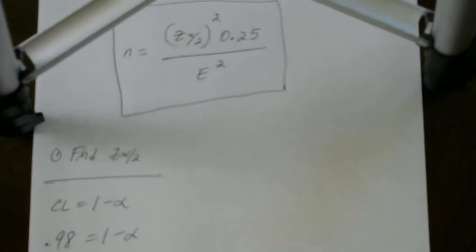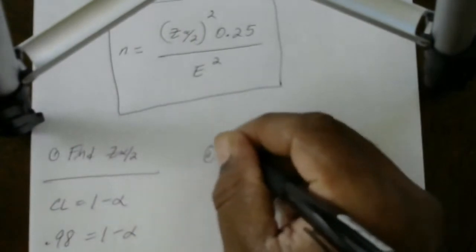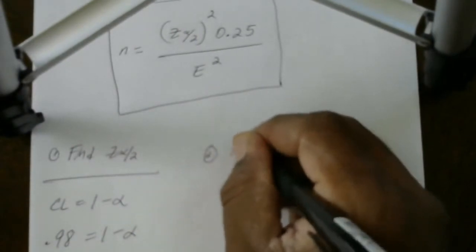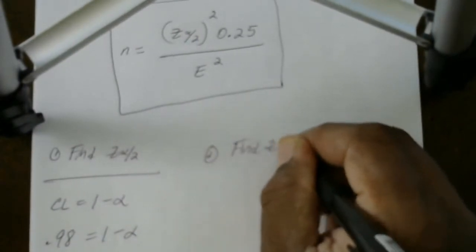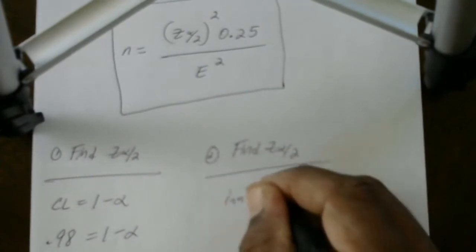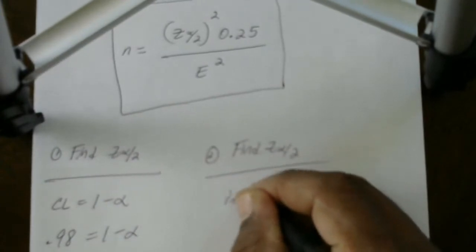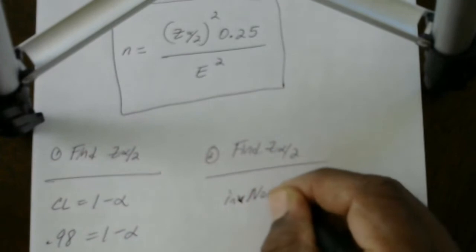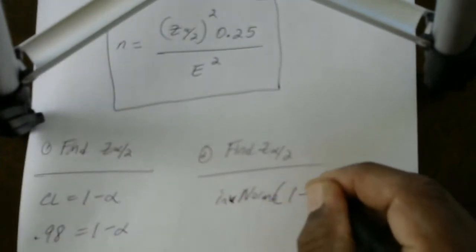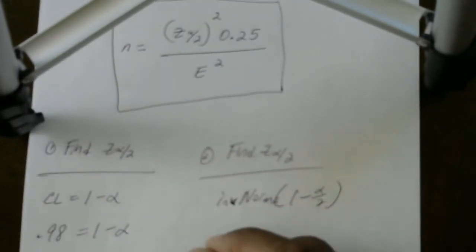The next thing I'll do is find the Z alpha over 2 value. So I'm going to use that inverse normal, 1 minus alpha over 2.